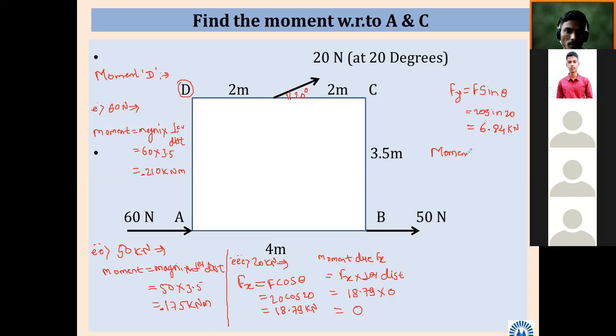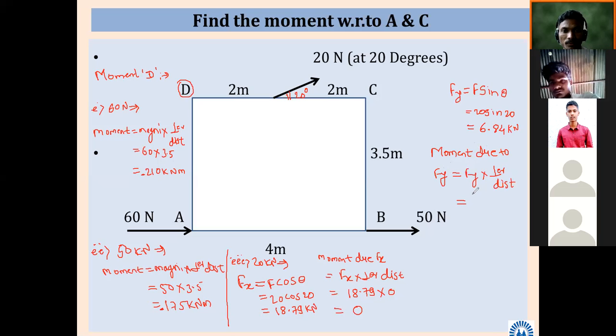Now I will write the moment due to which force? Fy. Fy into perpendicular distance. What is Fy? 6.84.